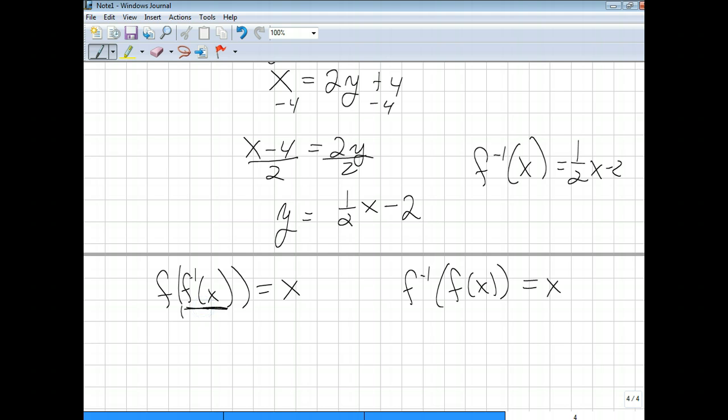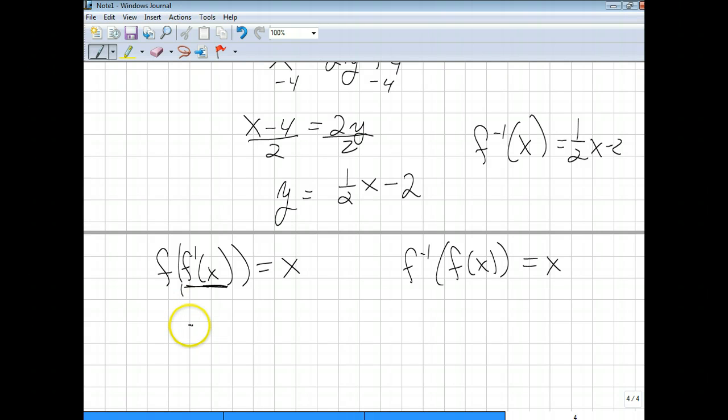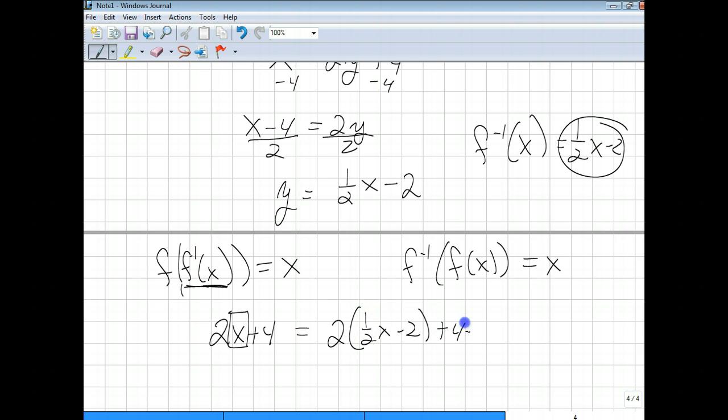The f function was 2x plus 4, and I'm going to replace x with f inverse, which is this. So that's 2 times (1/2 x minus 2) plus 4 equals x minus 4 plus 4, which equals x.